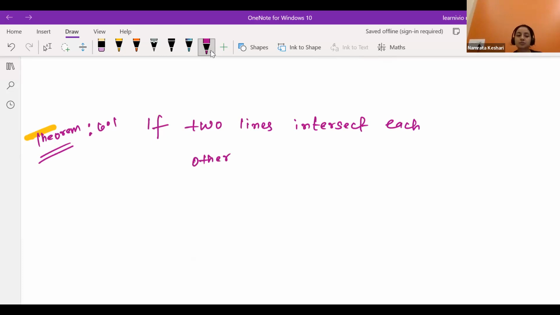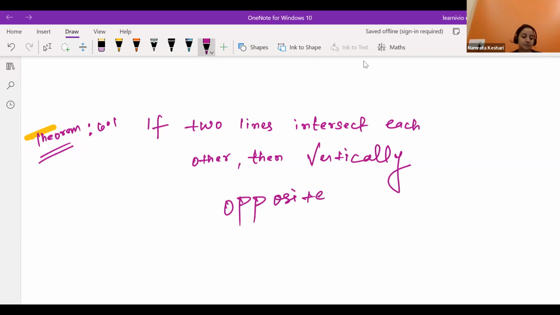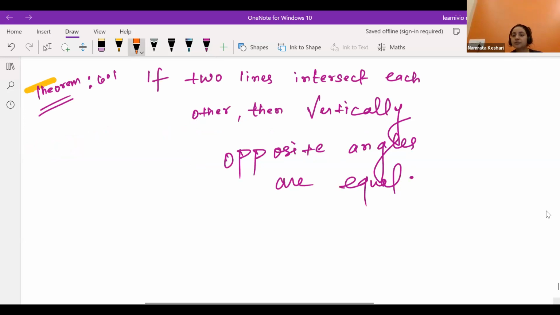Let's do the proof of this theorem first. If two lines intersect each other, then vertically opposite angles are equal. Let's do it.